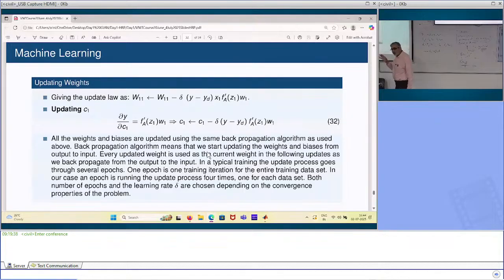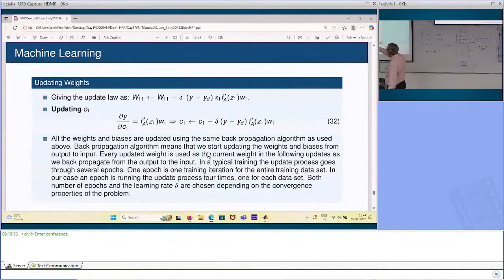X1 I know, F dash Z1 I know because I have got this rule here. Once I know Z1, I know the derivative, right? This rule is there. Once I know Z1, if Z1 is greater than 0, that number is 1. If Z1 is less than 0, that number is 0. Correct? Right? So that is taken care of.